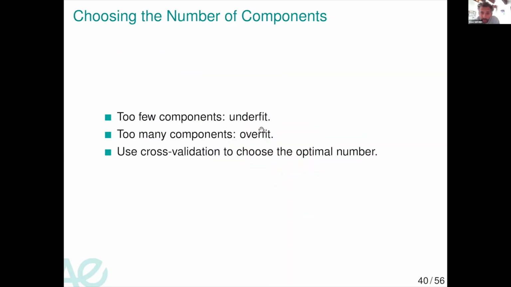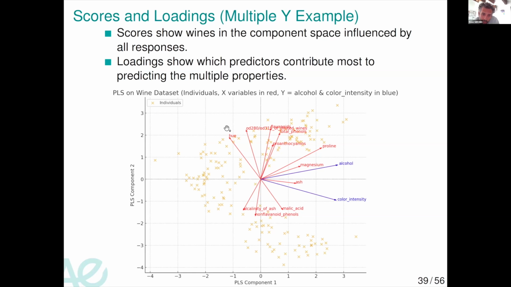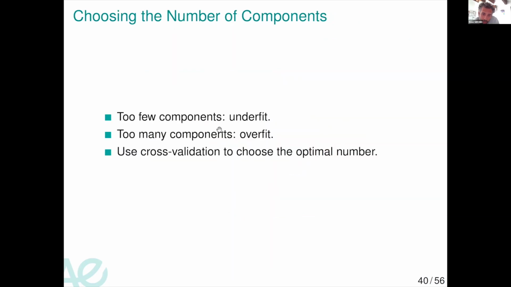So as for PCA, you have the problem of choosing the number of components. Here, I plot only two components, but maybe on the third and on the fourth, you have important information.